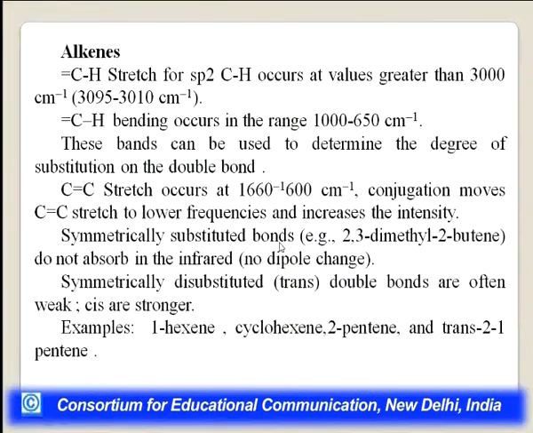Symmetrically substituted bonds, for example 2,3 dimethyl 2-butene, do not absorb in IR because there is no dipole moment change. So for a peak to be IR active, there has to be a change in dipole moment. Symmetrically di-substituted trans double bonds are often weak, cis are stronger.